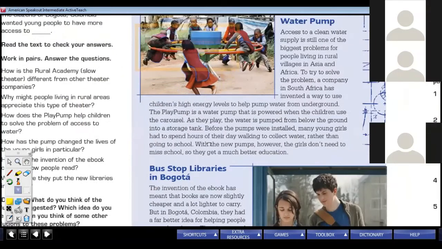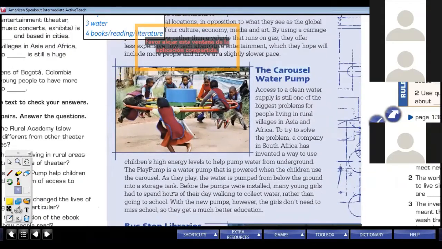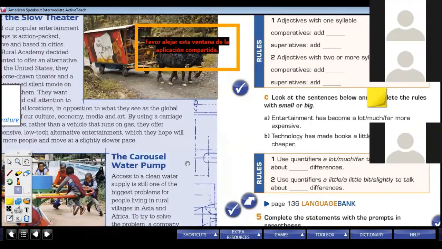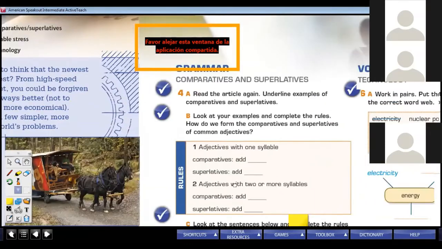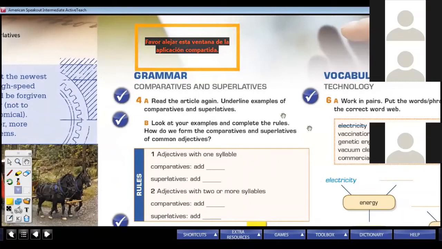Very good. So guys, take a look. As you can see here, we were speaking a little bit about the differences between two things, like comparing things, right? So on page number 57, we finally have our grammar of today. We have comparative and superlative.